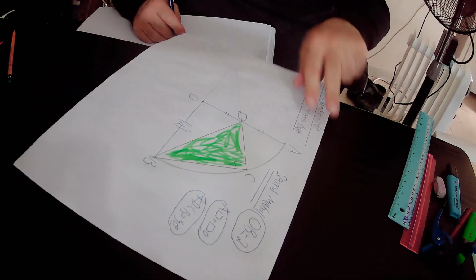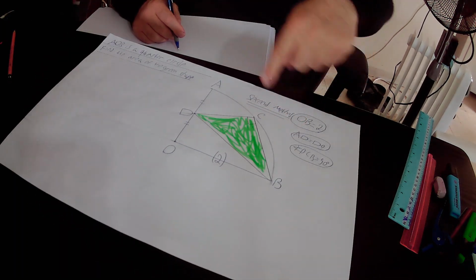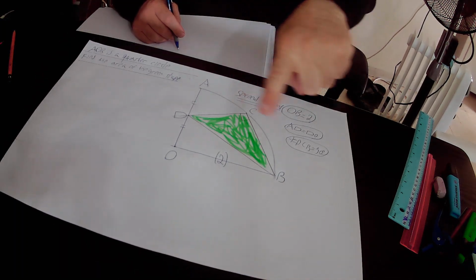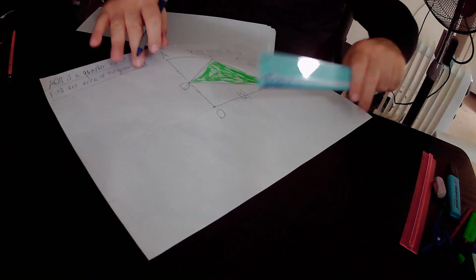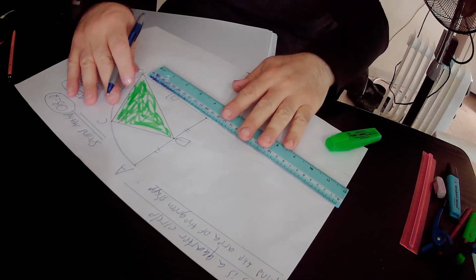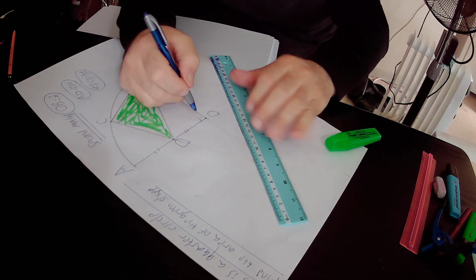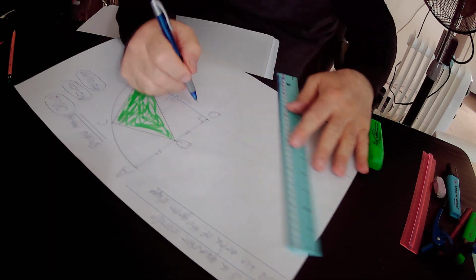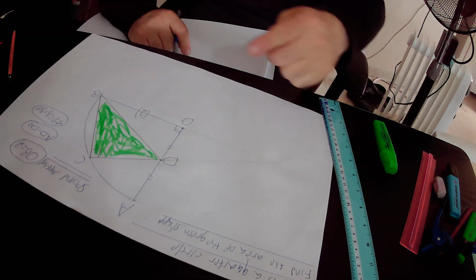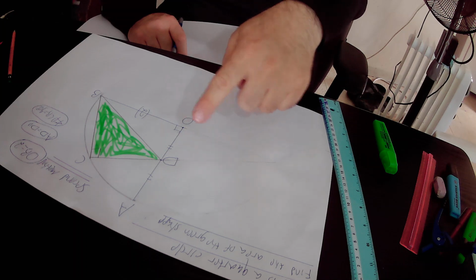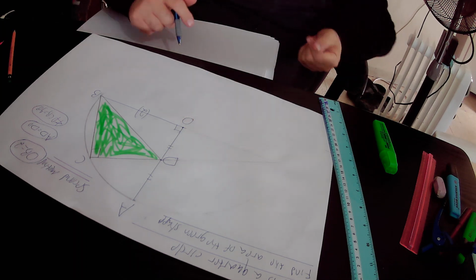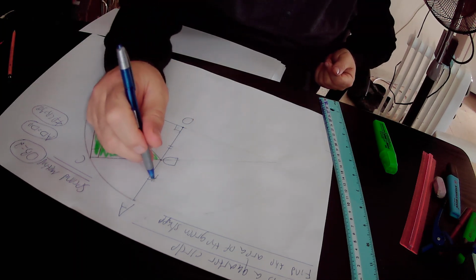Again, our mission is to find the area of this green shape. We know that AOB is a quarter circle, therefore angle AOB equals 90 degrees. We have already found in the first method that AD equals DO, and AD equals 1 unit in length.